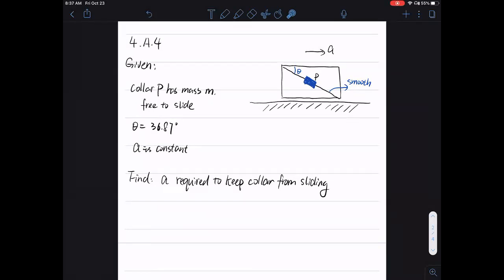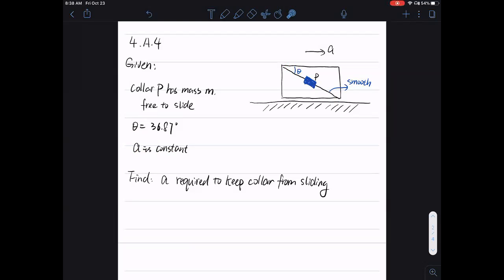It's moving to the right with acceleration A. Inside that car, there's a smooth slide. And P here is a collar that can slide on that slide freely. We know that the slide has angle theta, and block P has a certain mass m. We also know the angle theta, and we know A is a constant acceleration.